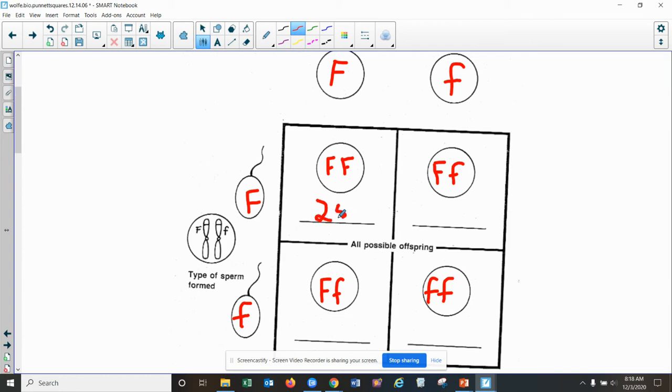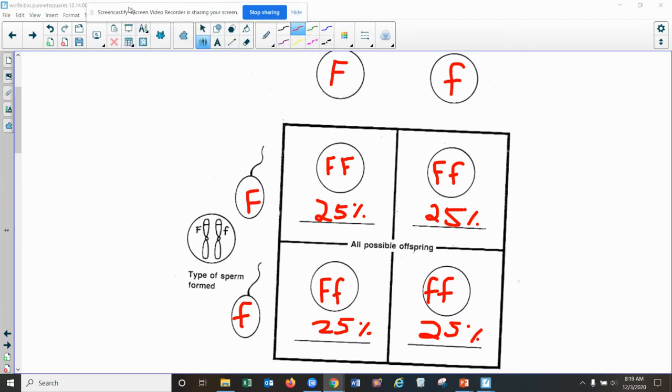So you want to put down 25%, you could put down 1/4. Okay. What's the chance? Again, these are all a 25% chance, right? Or 1/4. Yeah, fill that in like that. Okay, so there you go.